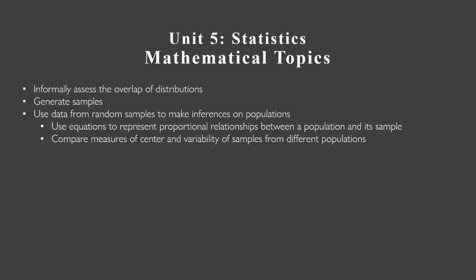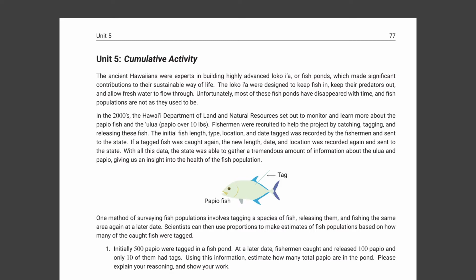With a sample, we can use our understanding of proportional relationships to make predictions about the population it was sampled from. And we can also compare the centers and variabilities of two different samples and make inferences comparing the two populations that they came from. The Unit 5 activity that we'll be covering in this video is the Unit 5 Cumulative Activity.